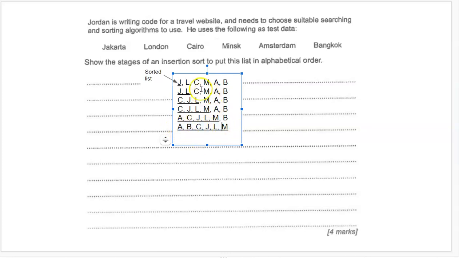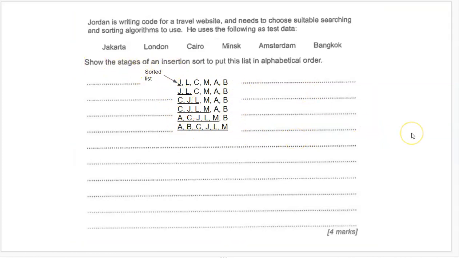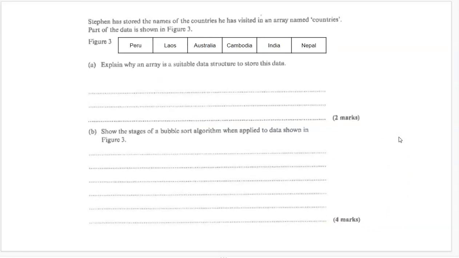The really important thing here is we are just inserting one item at a time from the unsorted part of the list, and we're inserting it into the correct place. So what you should have then is, if you can make it really clear to the examiner, the underlined part is the sorted list. You then have a really, really nice showing the stages. And this one here is worth 4 marks, so it's a really, really good one to get right.